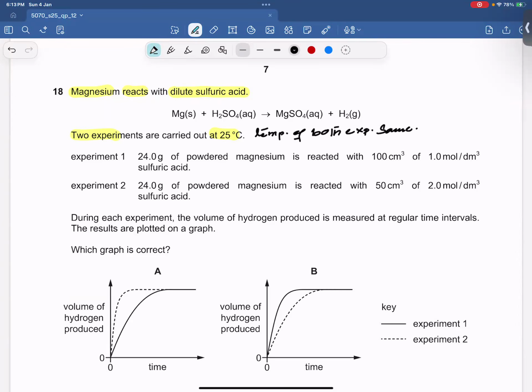Okay. 24 gram of powdered magnesium. Since magnesium has the same surface area and same mass, it has the same number of moles also.